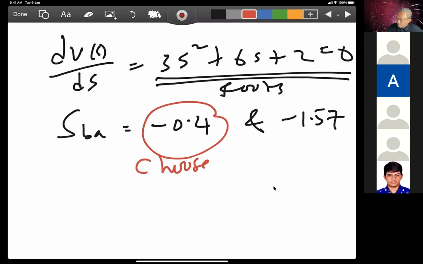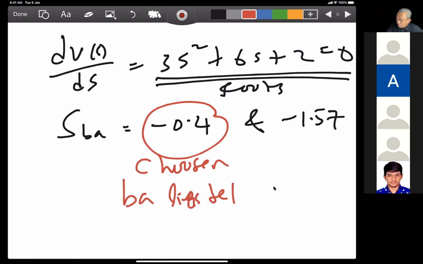Chosen. Which is equal to the plotting. Okay, so from the plotting, the breakaway lies between 0 and minus 1.